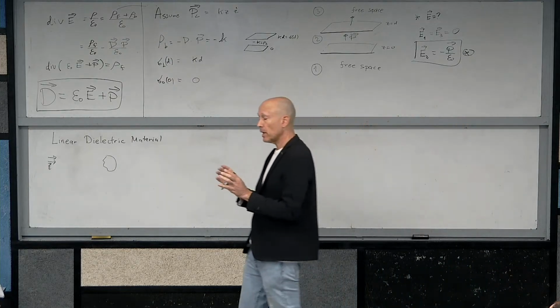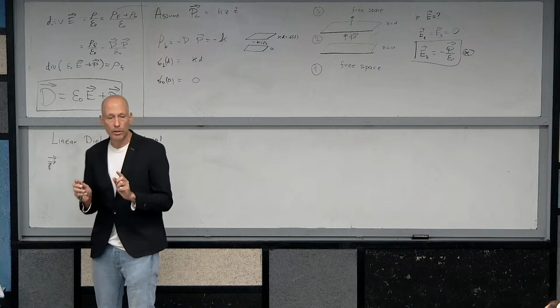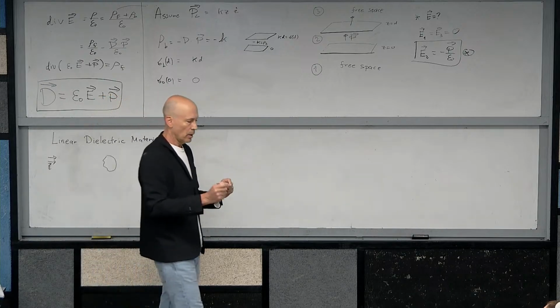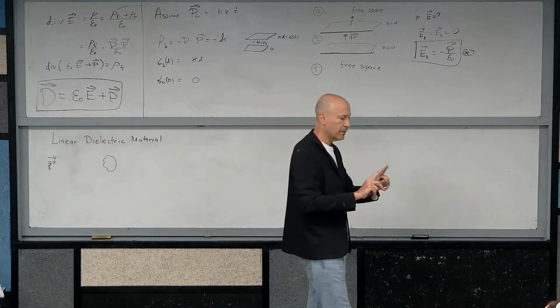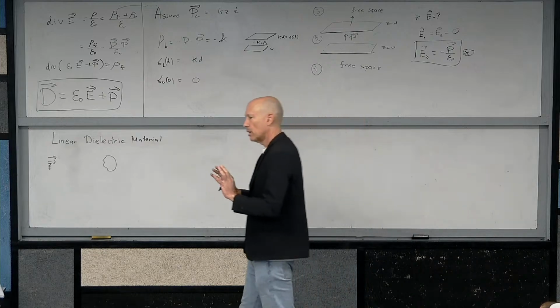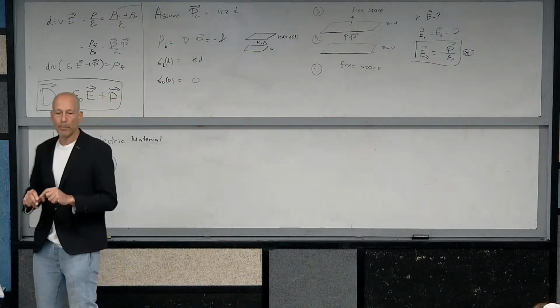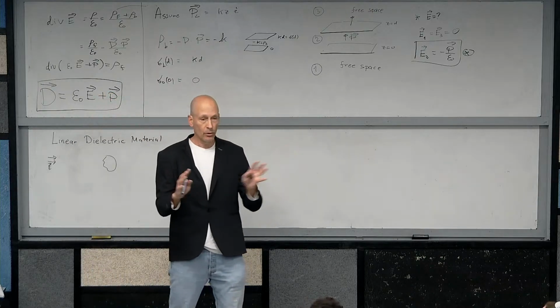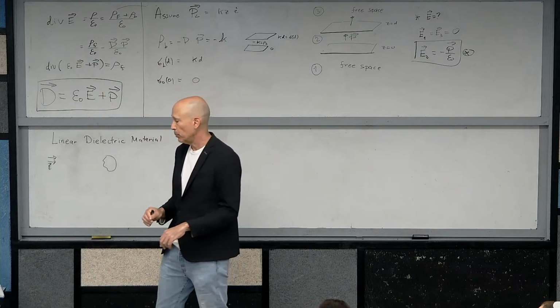Now, how exactly do they align? Well, that depends on the material. It will depend on many things, like temperature, pressure, because these dipoles may also be interacting. It's a super complicated thing, and we are not going to discuss it at all. That would be microscopic theories. We are now on a macroscopic theory, not the details of the microscopics.